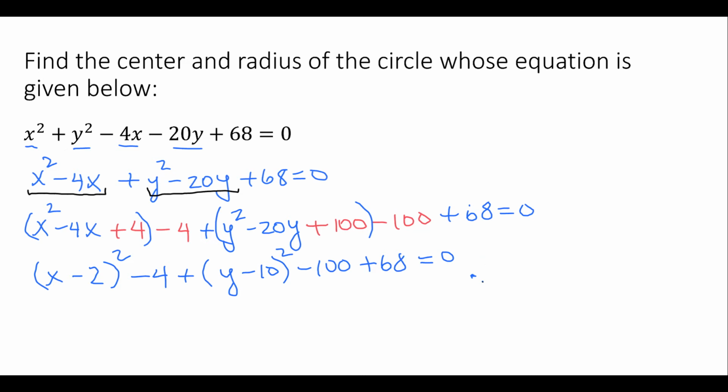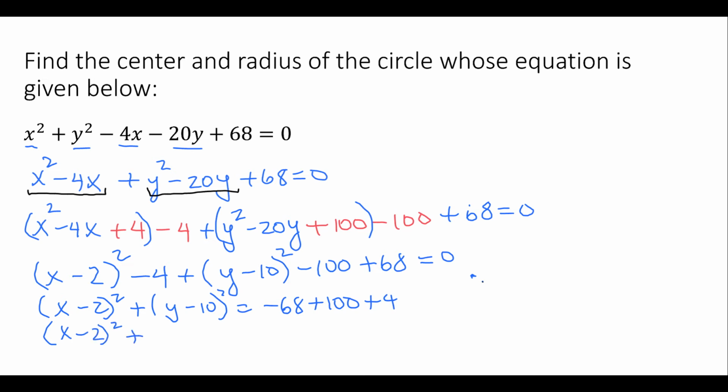So we're going to have x minus 2 squared plus y minus 10 squared equals, and I'm going to have minus 68 plus 100 plus 4. So I just moved all the numbers over. So that gives me the circle equation x minus 2 squared plus y minus 10 squared equals 36.